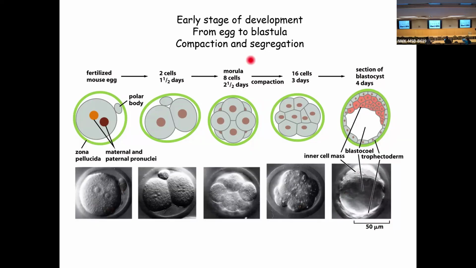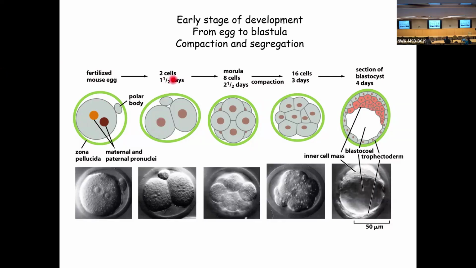So we have a fertilized mouse egg that, once it is fertilized, triggers a process of cleavage in which one cell, one giant cell, this one, will divide through a mitotic procedure and will give rise to 2 cells.